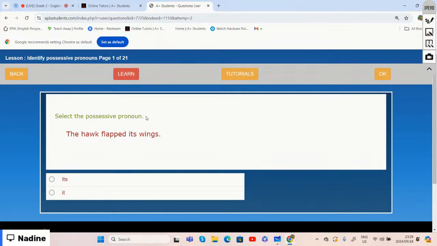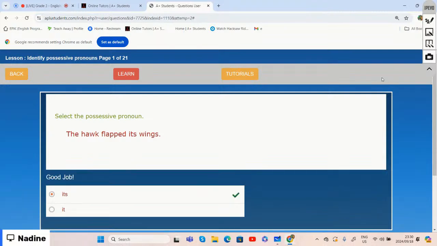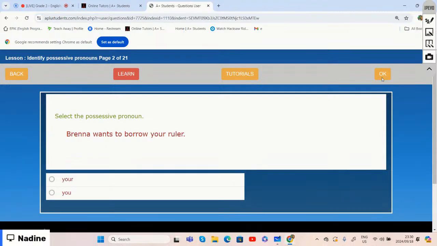What is the possessive pronoun? If we select our possessive pronoun, then yes, we choose option one, which is its, without the apostrophe. Well done.